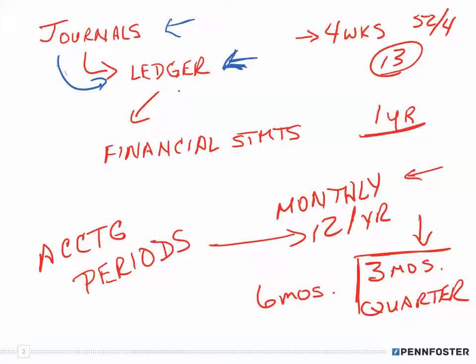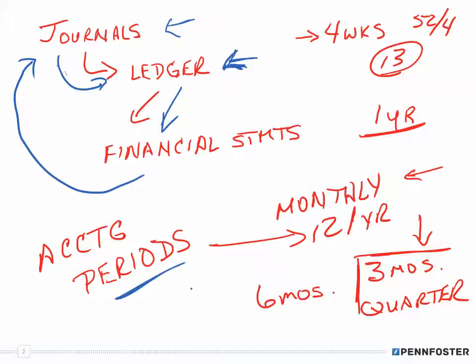And then at the end of the accounting period, you're going to create your financial statements. And after you've created your financial statements, you're basically going to start all over again with a new accounting period.